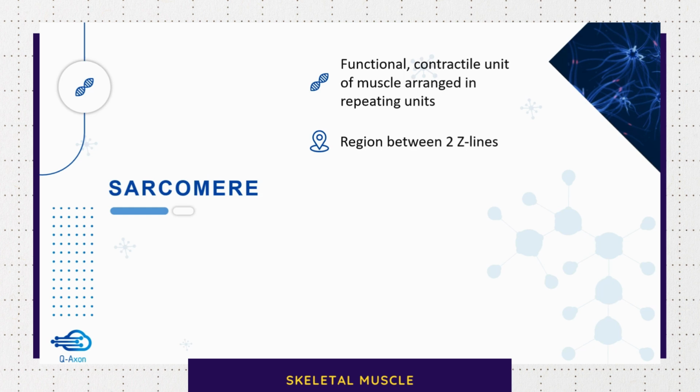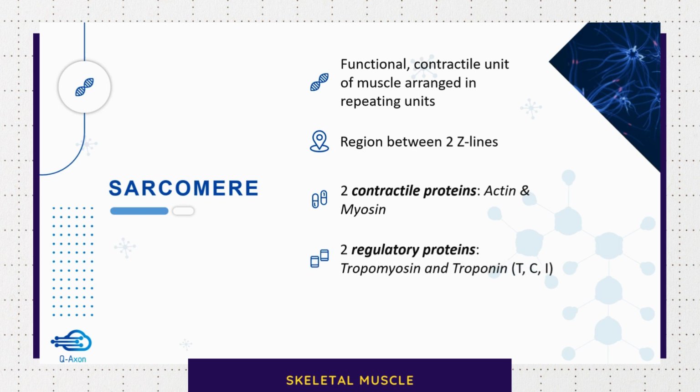Now the sarcomere is made up of three important types of proteins. The most important being the contractile proteins which actually participate in the contraction, that is actin and myosin. Now there are some regulatory proteins which regulate the process of contraction.